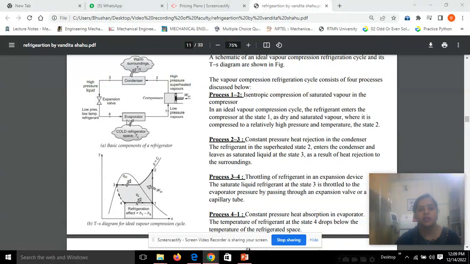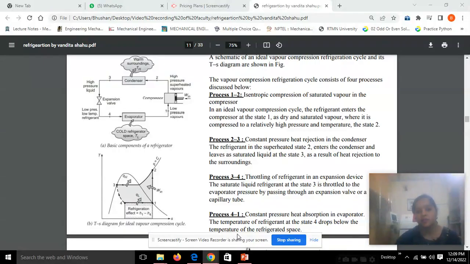Then in the evaporator, the pressure is again constant and heat is added to the system. This much heat is removed from the subject from which you want to remove the heat, and this is known as the refrigeration effect.